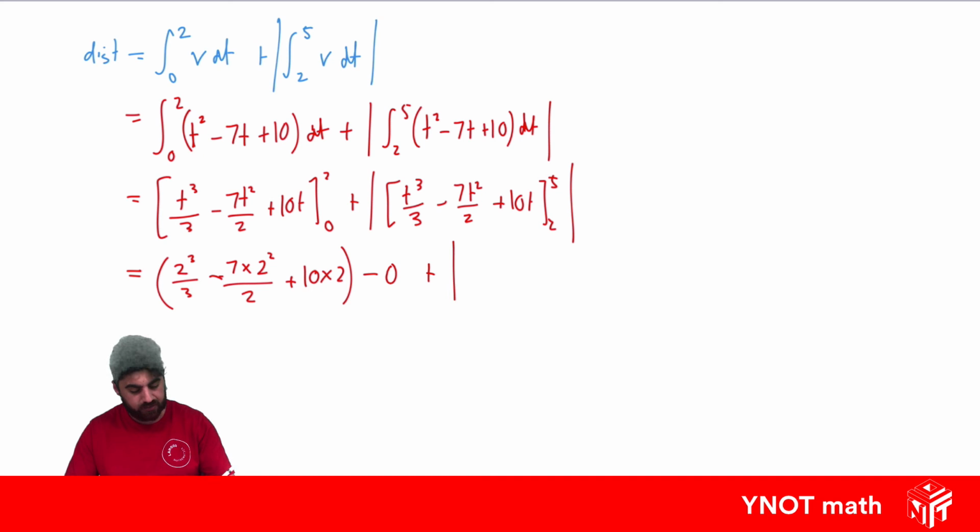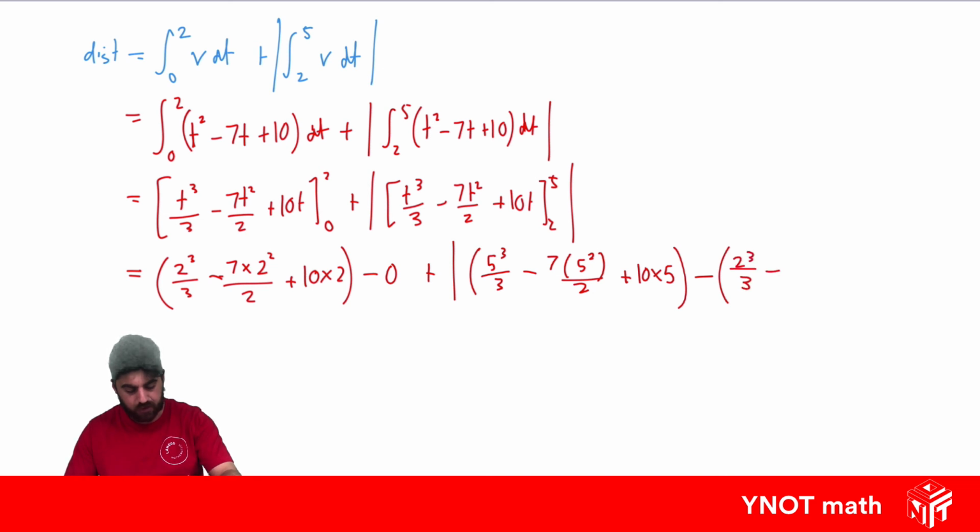plus the absolute value of, that's subbing 5, so we're going to get 5 cubed over 3 minus 7 times 5 squared over 2 plus 10 times 5 minus, got to sub in 2, so we'll get 2 cubed over 3 minus 7 times 2 squared over 2 plus 10 times 2, and that's all been absolute value.